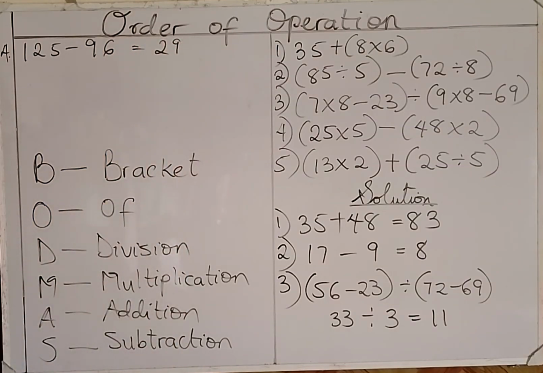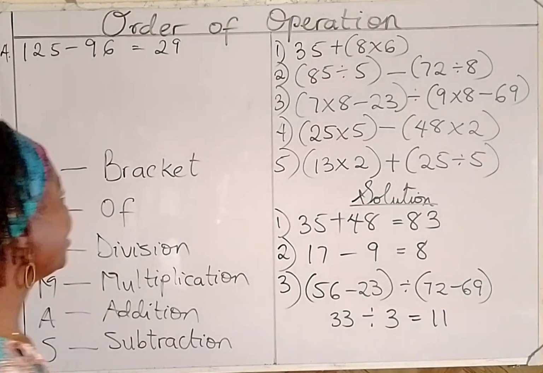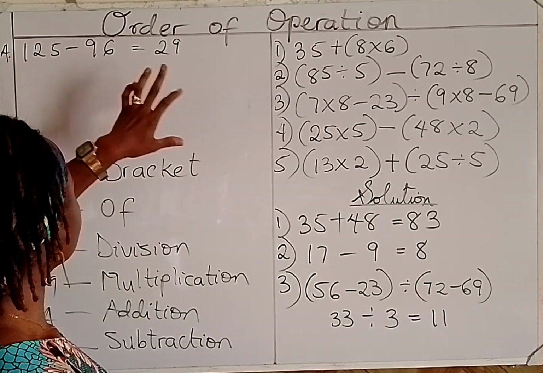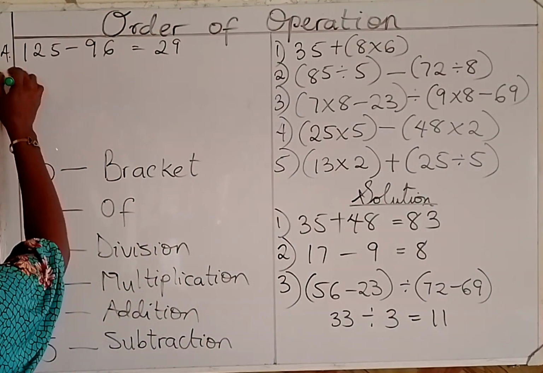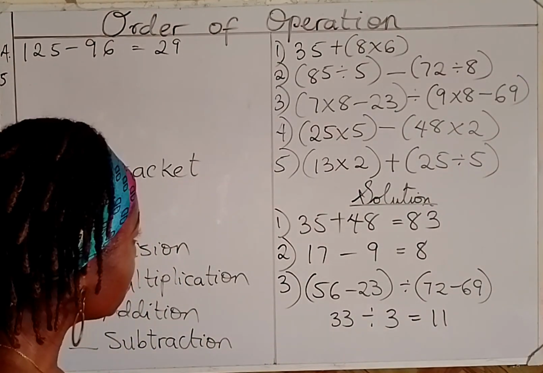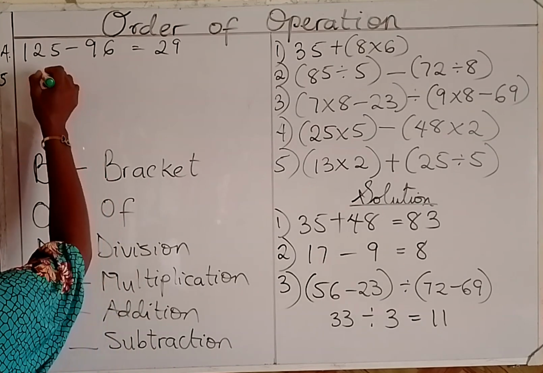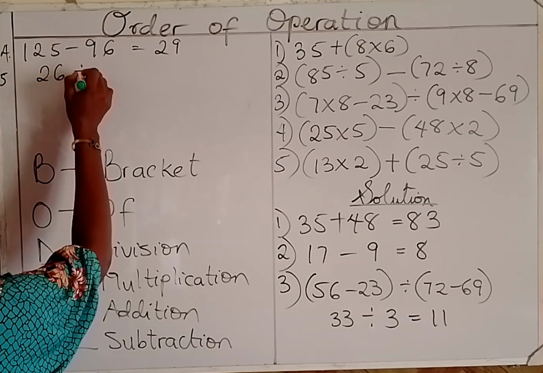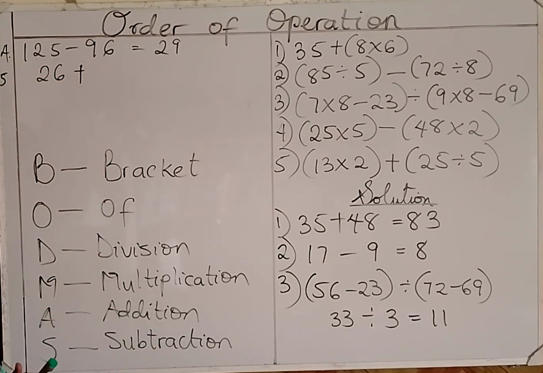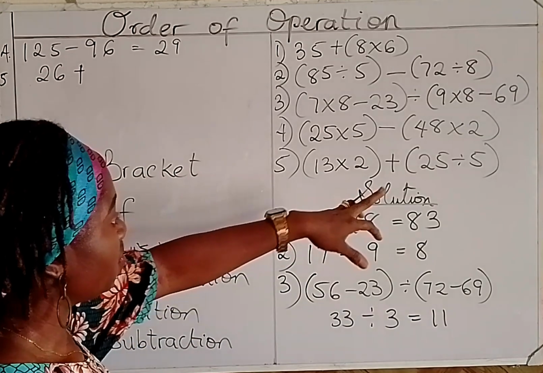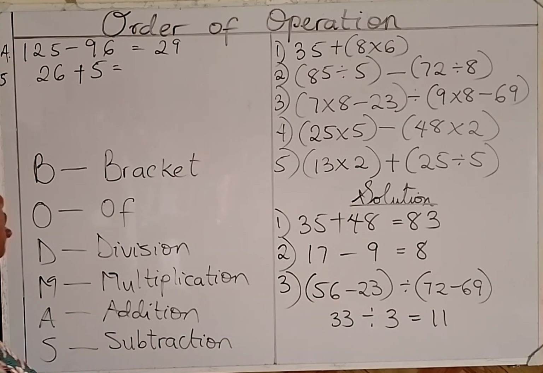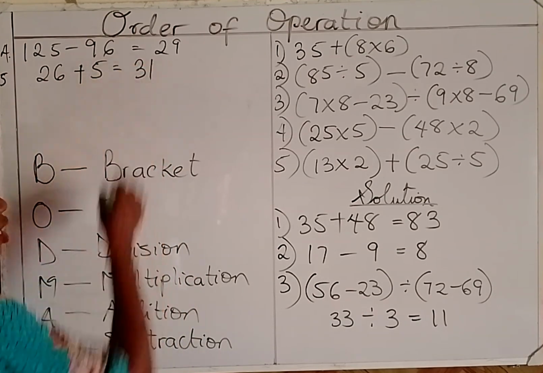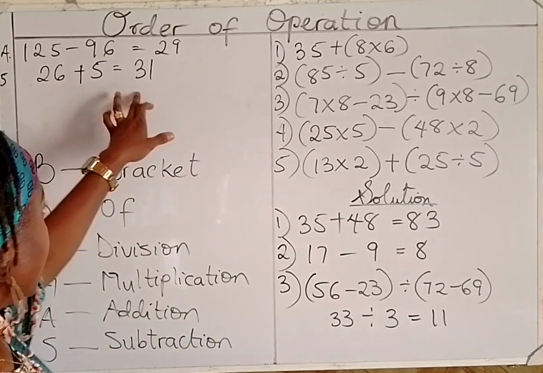The answer is 29. Sorry, 29. 125 minus 96 is 29. Question 5 says 13 times 2 is 26 plus 25 divided by 5 is 5. Now 26 plus 5 equals 31. Okay, and that's the answer to this.